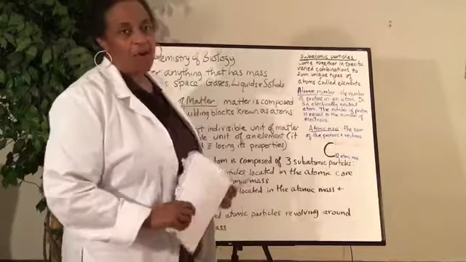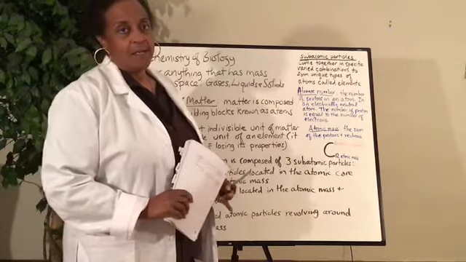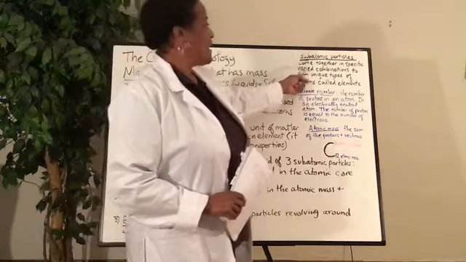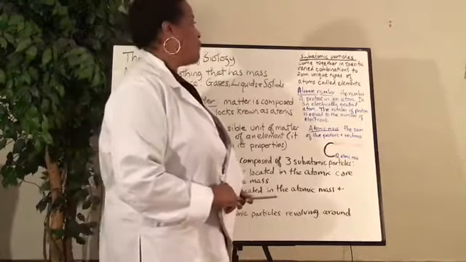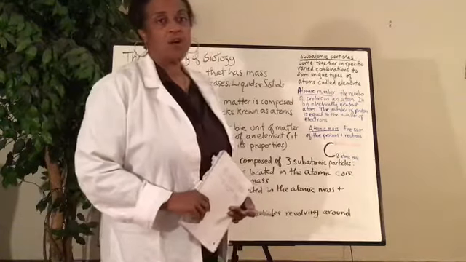So the subatomic particles, the protons, the neutrons, and the electrons, come together in specific and varied combinations to form unique types of atoms called elements.